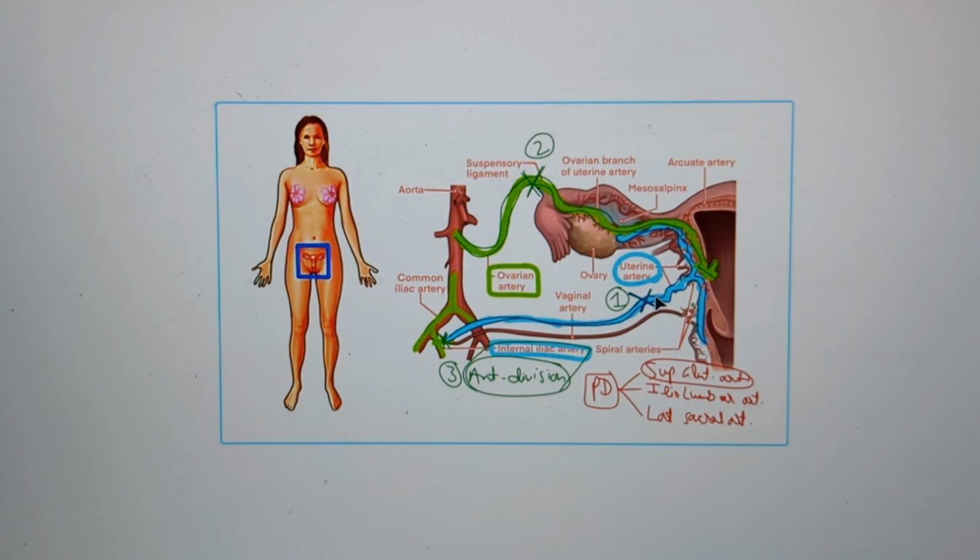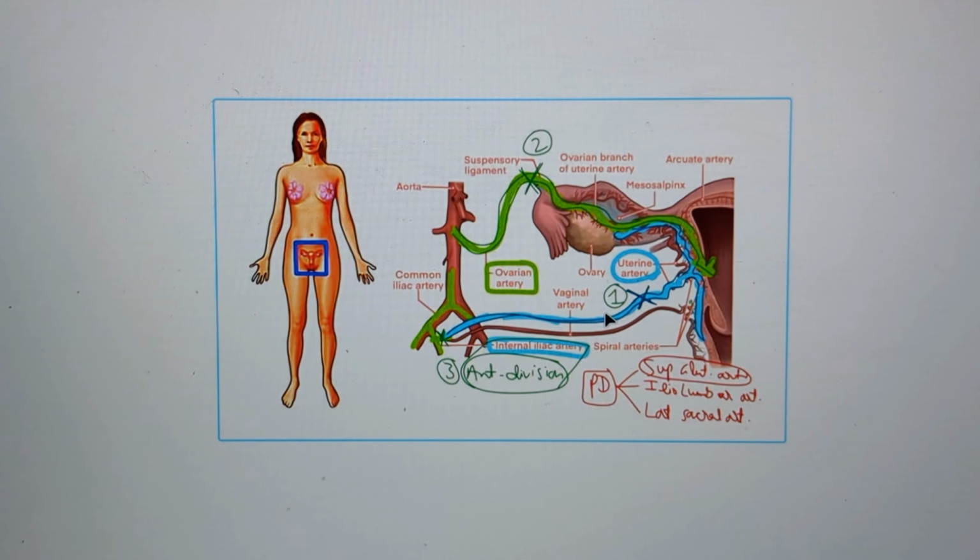However, the uterine artery also supplies the vagina and the ovary. Due to anastomoses between the uterine artery, vaginal artery, and ovarian artery, there is collateral circulation.